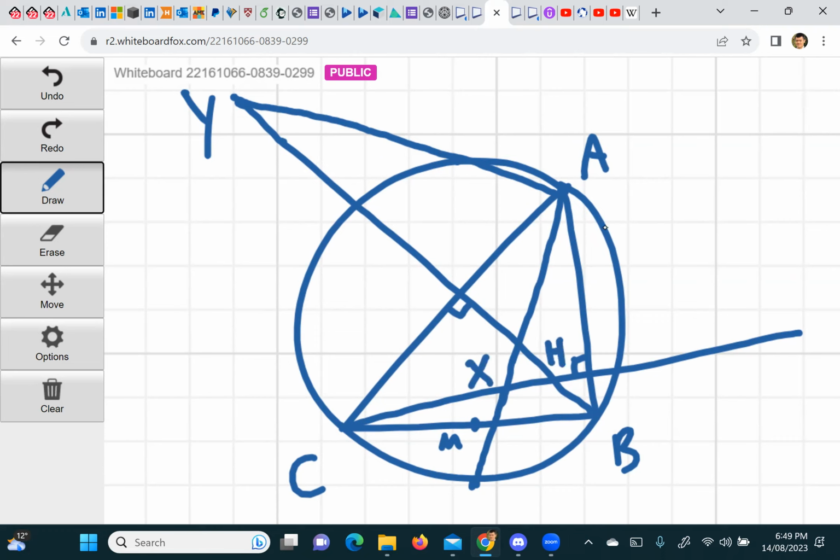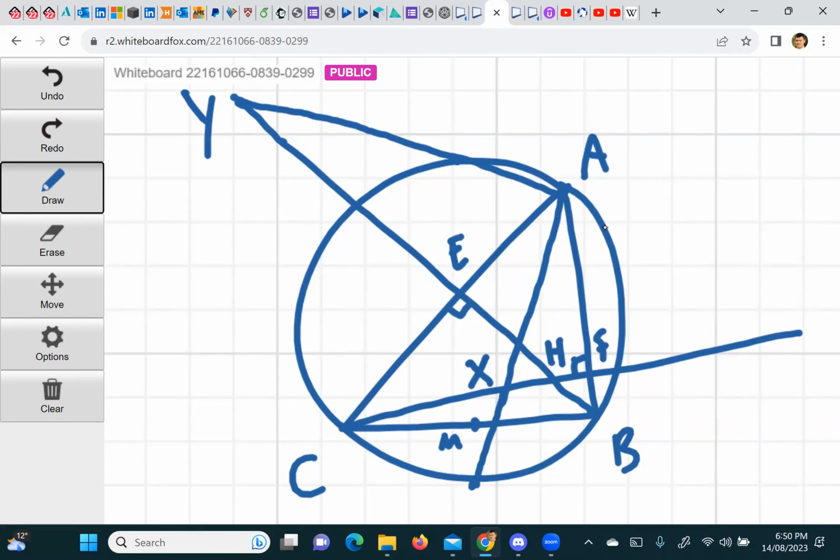Let's call this one D, and this can be E, and this can be F.